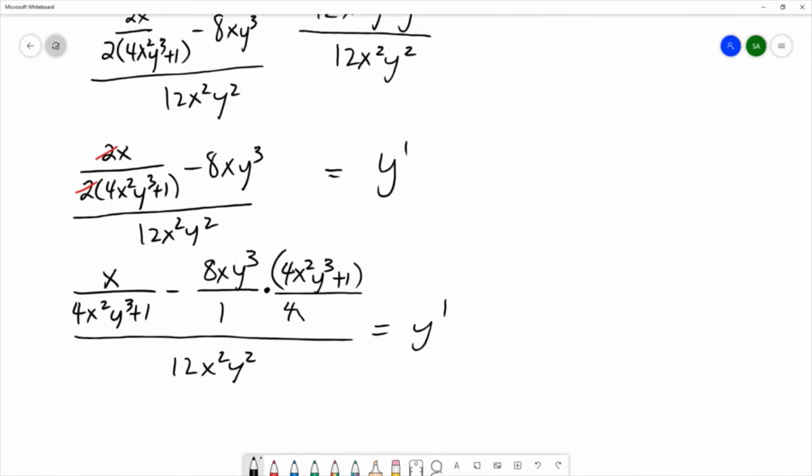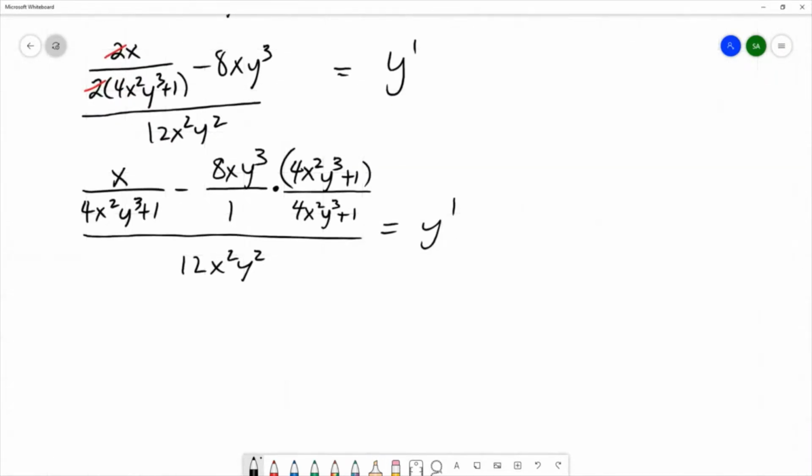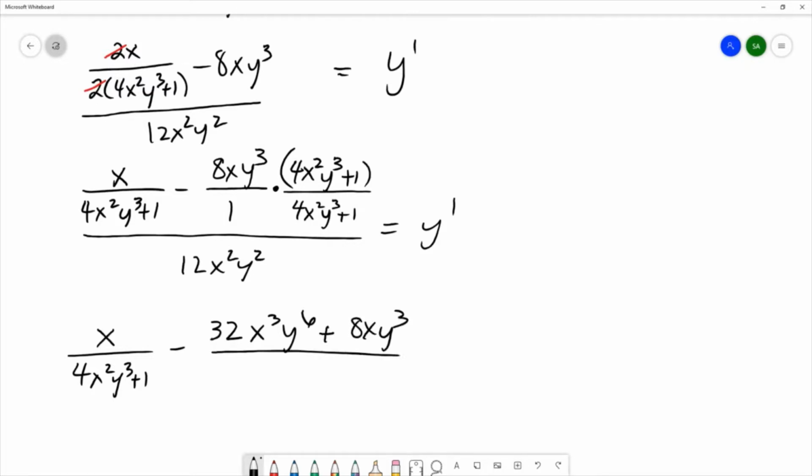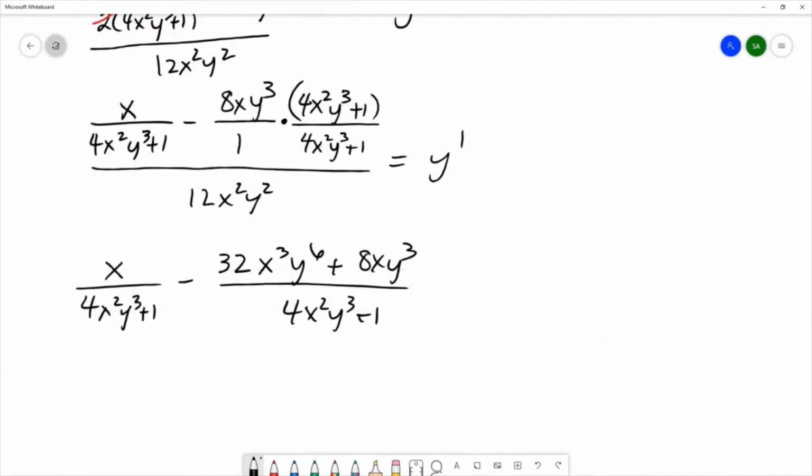I need to do that on the top and on the bottom to get that common denominator. That would be x over 4x squared y cubed plus 1 minus 32x cubed y to the 6th plus 8xy cubed over 4x squared y cubed plus 1 all over 12x squared y squared.